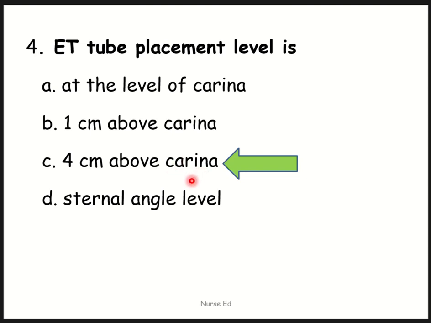If you fix at or beyond the carina, air entry may not be equal on both sides. You know that the right bronchus is larger than the left, so there is always a chance for the ET tube to slip into the right side. So it is always ideal to pull or withdraw the ET tube once it is touching the carina, at least 4 centimeters above, and then fix it.